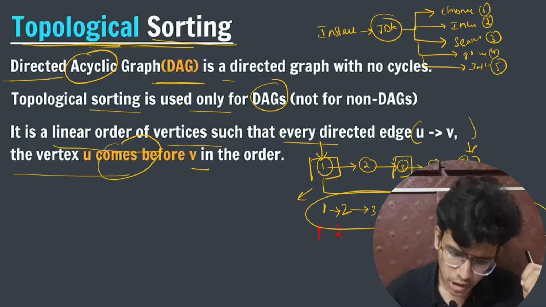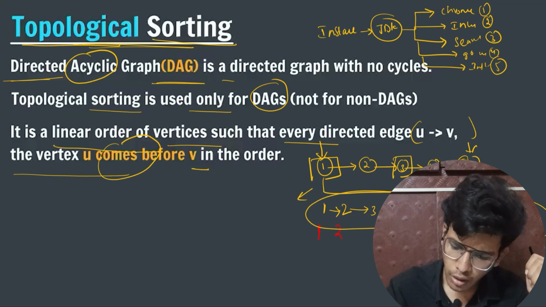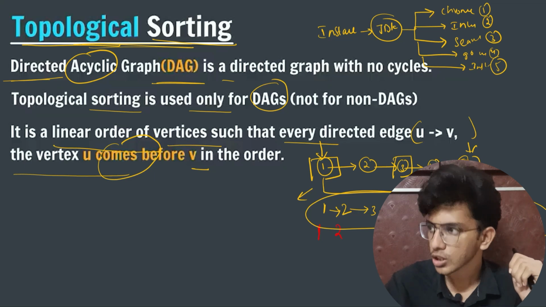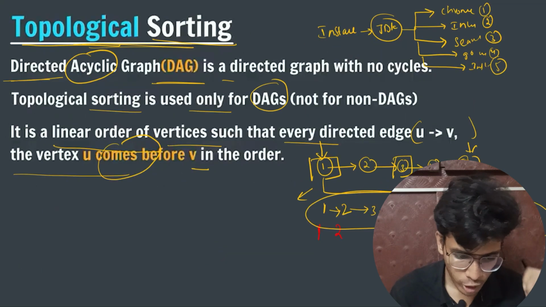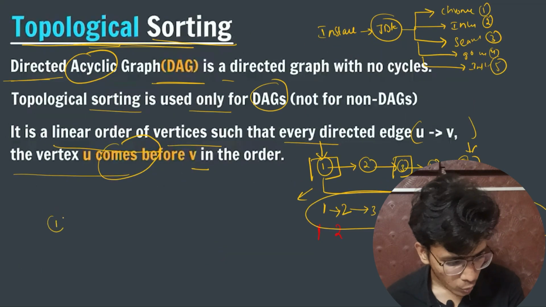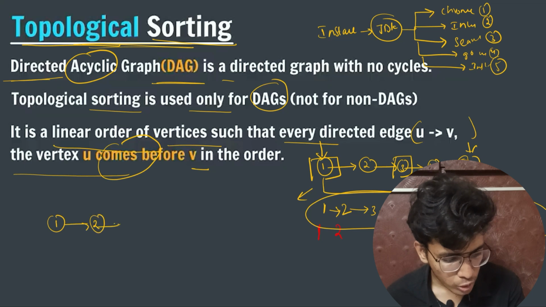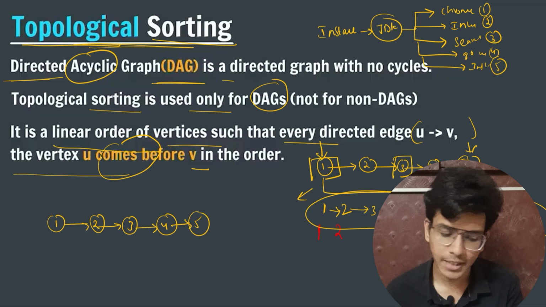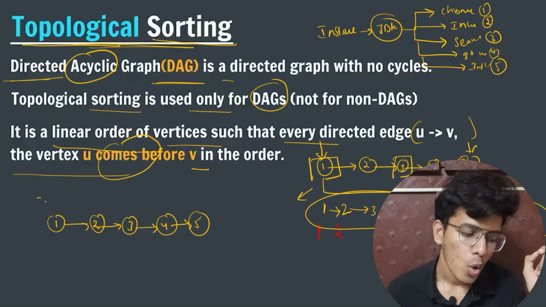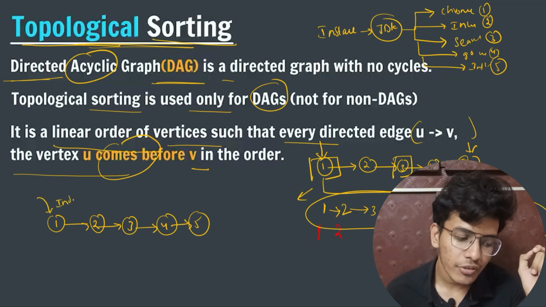Now if you observe, for Chrome, in order to have Chrome, what is its dependency, what is its in degree? If you observe this diagram, 1 is going towards 2, and 2 is going towards 3, 4 and 5. These are the 5 steps, right? Now my question is, what is the in degree of the first node?